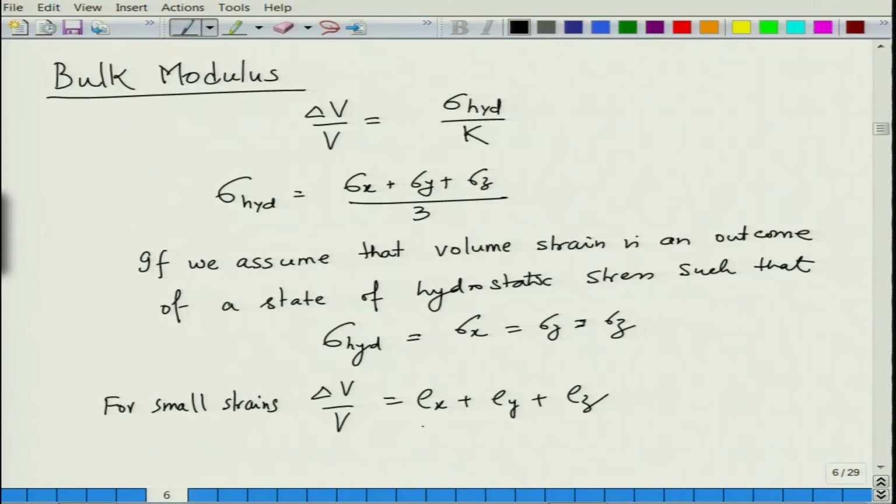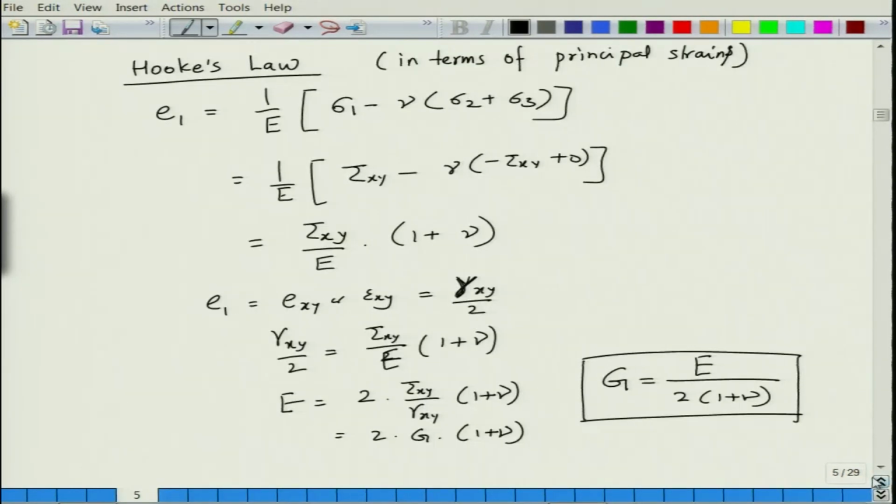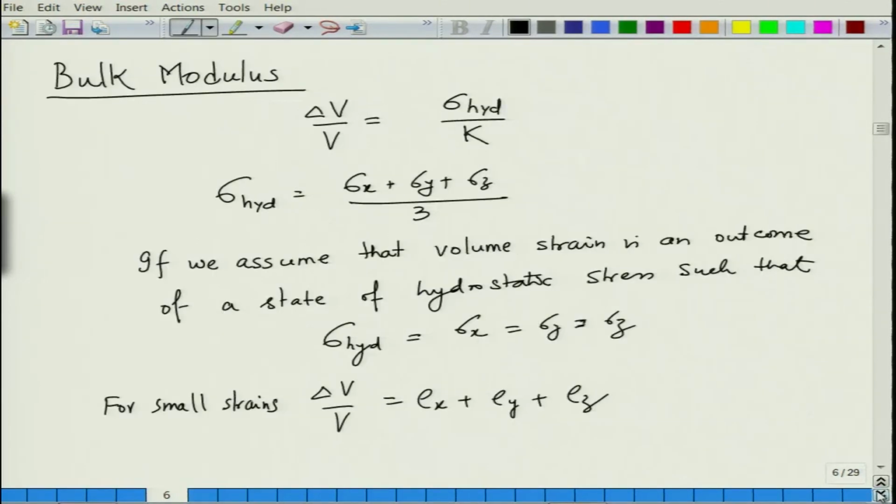We are using E and epsilon repeatedly, but remember, when we say E1 is equal to epsilon, it means very small strains, where E is equal to epsilon. So, there is a correspondence between the two.